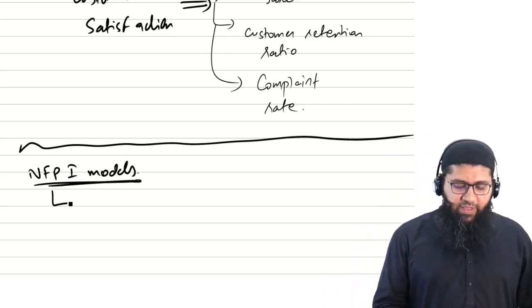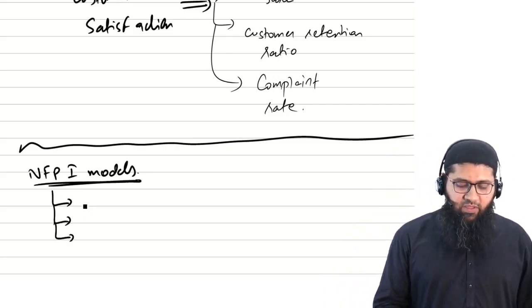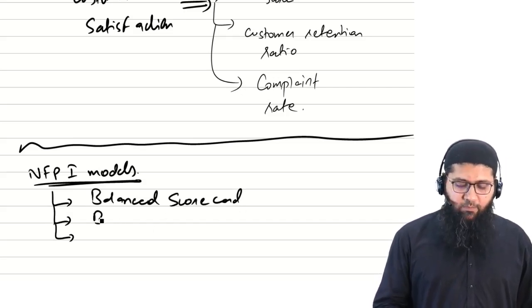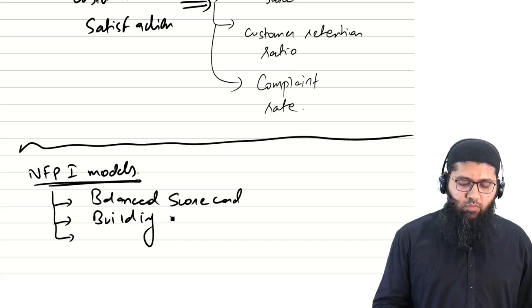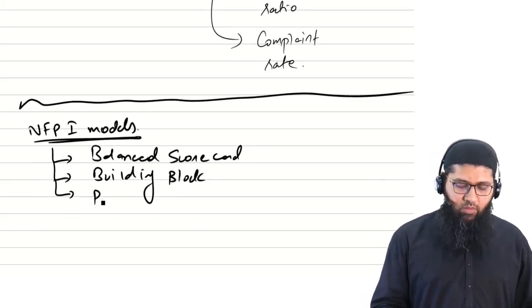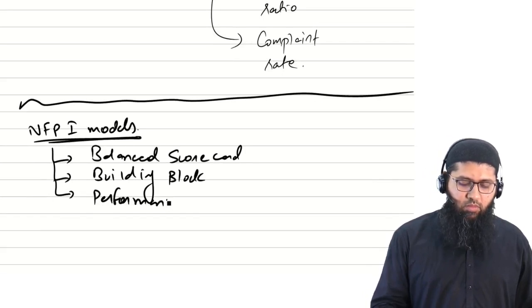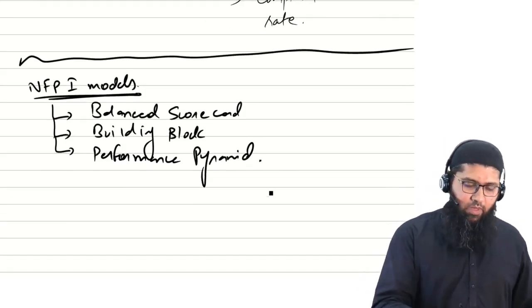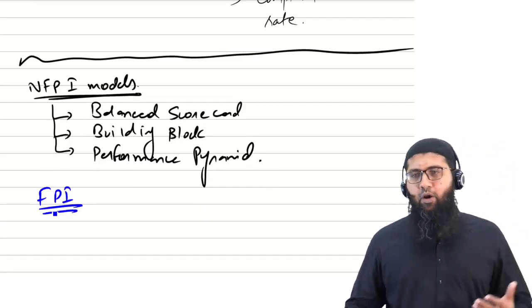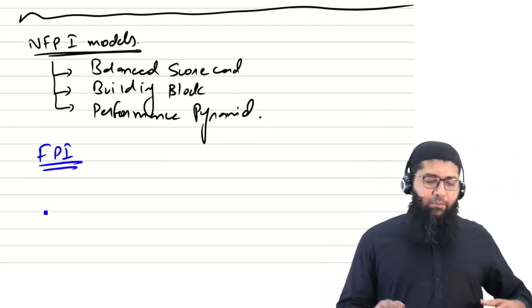So we would be going through these three models: balanced scorecard, building block model, and performance pyramid.